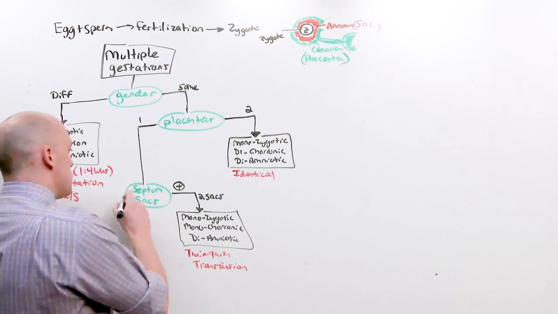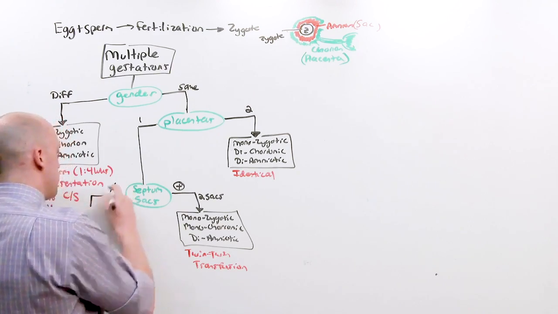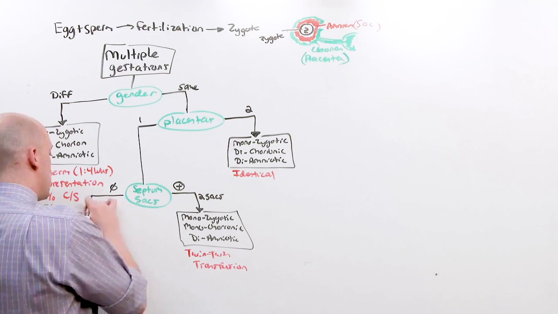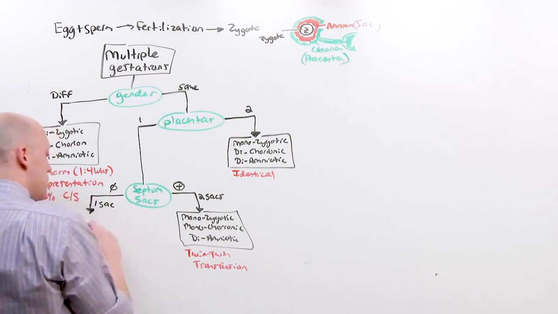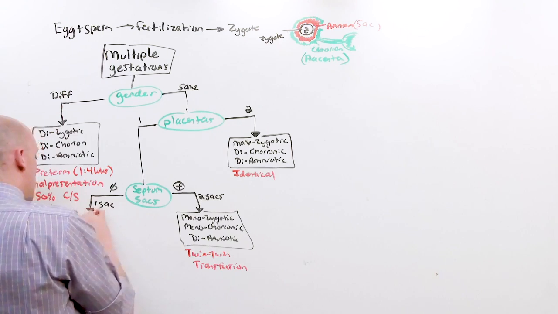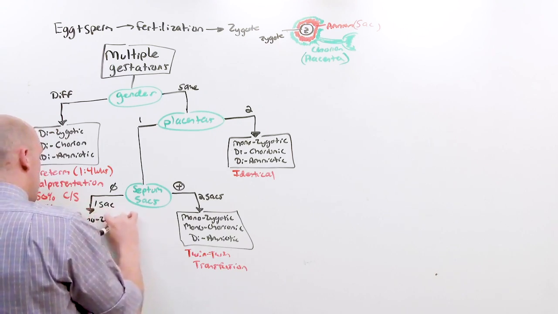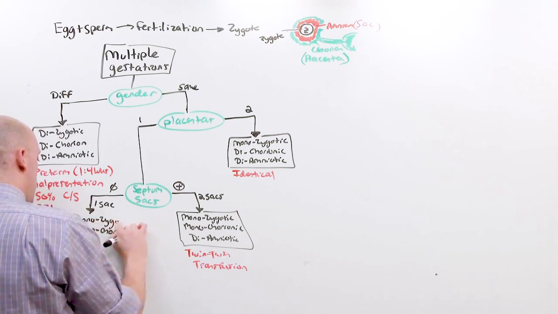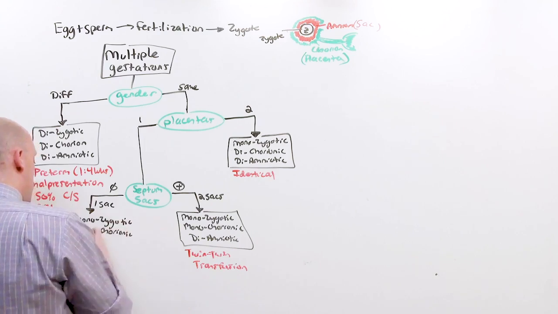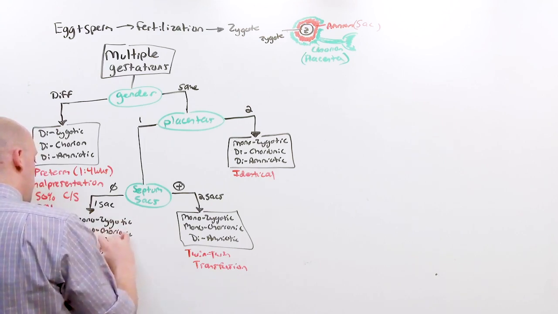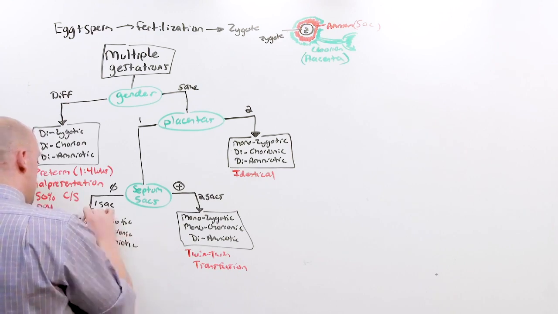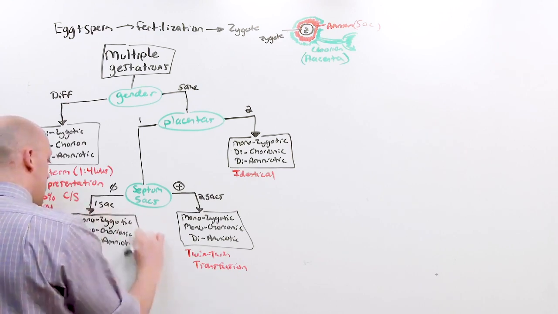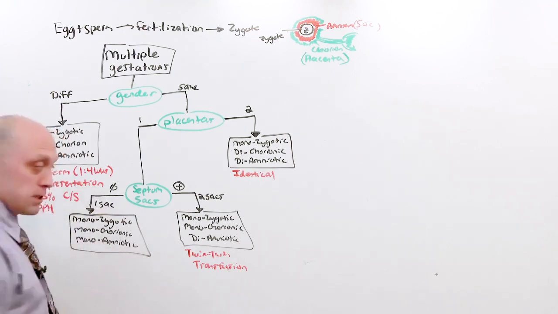And lastly, if you see no septum and only one sac in a set of twins, you have merged amnion, so you're going to have a monozygotic, monochorionic, monoamniotic. In this case, you've got two additional risks.